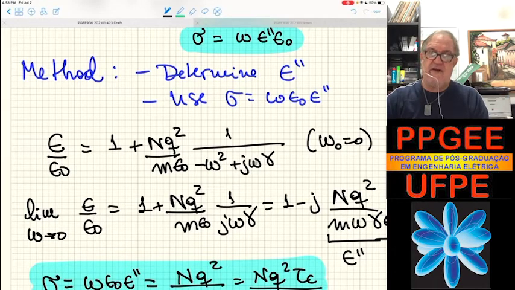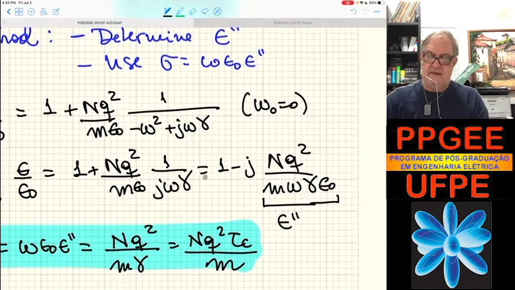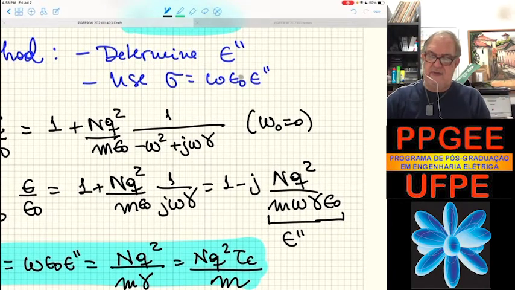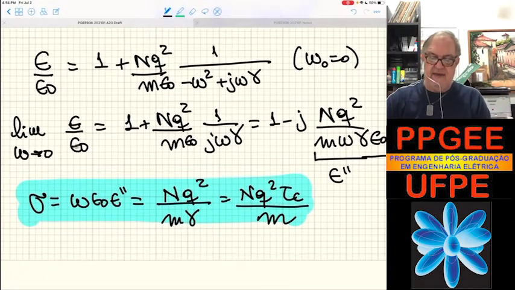So for omega very close to 0, this dominates. So the response is going to be something like this, right? So we can work this out. It's going to be 1 minus j something. This something is the imaginary part of the relative permittivity. Then use that formula: omega epsilon 0 epsilon 2 prime is the conductivity. Then you have again the same result that we had before.